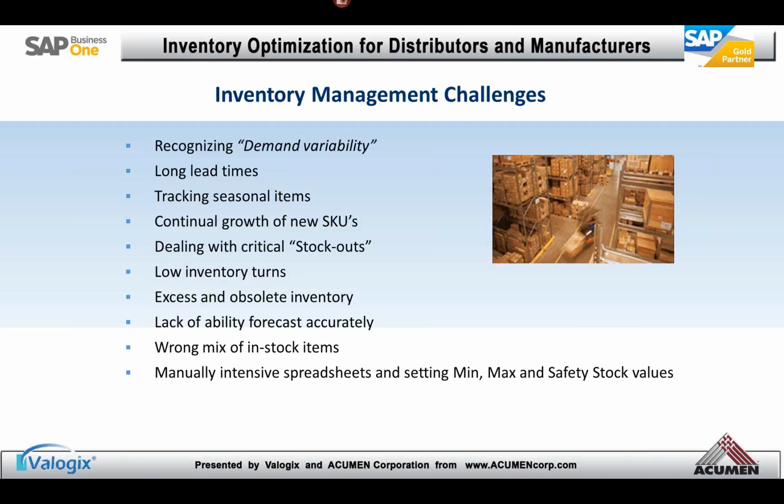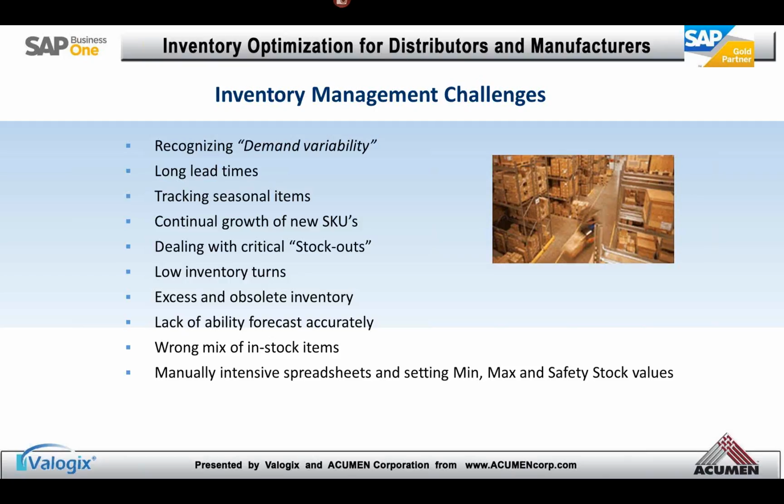If you have seasonal items, or if you're adding new items on a regular basis, those challenges can result in stockouts for certain items and low inventory turns for others. And a lot of that stems from the lack of ability to forecast, but forecasting isn't the only piece of the puzzle here, and I'm going to talk a little bit about that in just a few minutes.